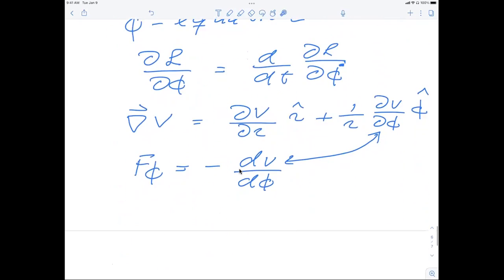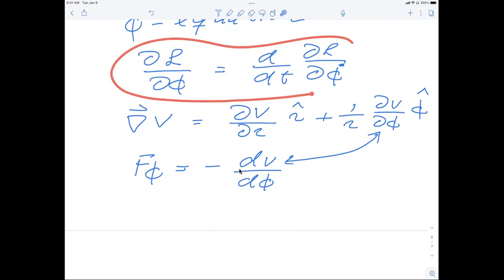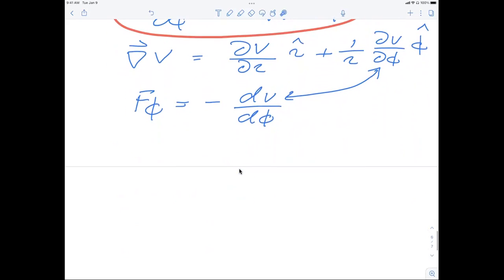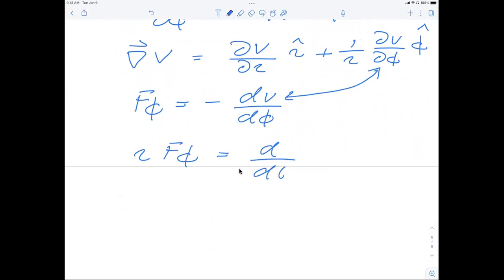So what we will get is an equation for the force. Notice as well that there's a 1 over r here. So if I want the force, what I need then is r times F of phi. And this is going to be equal to d dt of m r squared phi dot.